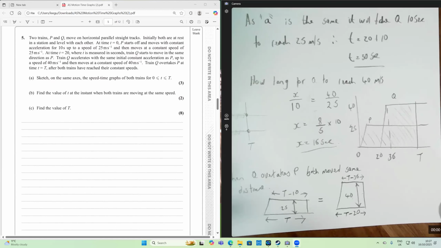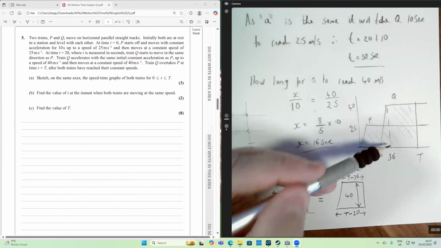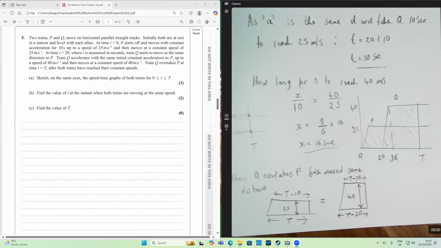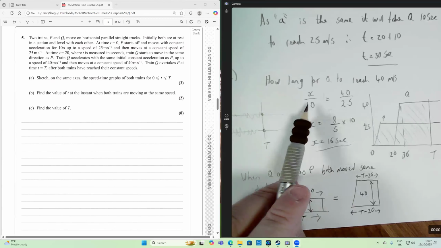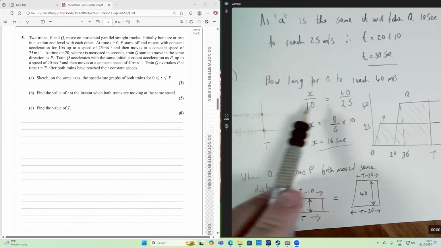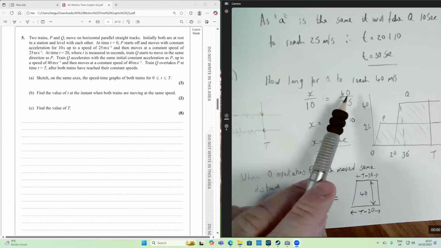But before we can calculate the areas, we need to find out how long it took Q to get up to speed. Well, let's have a look. It took 10 seconds to get to 25. Using direct proportion, it's going to take X seconds to get up to 40.